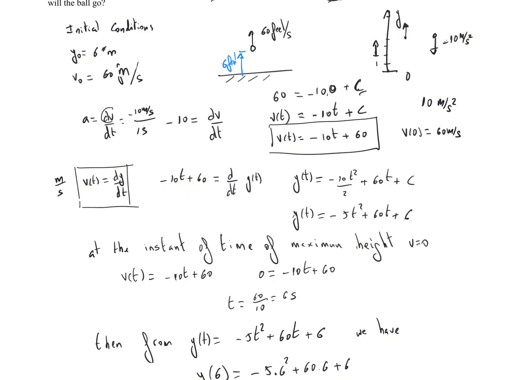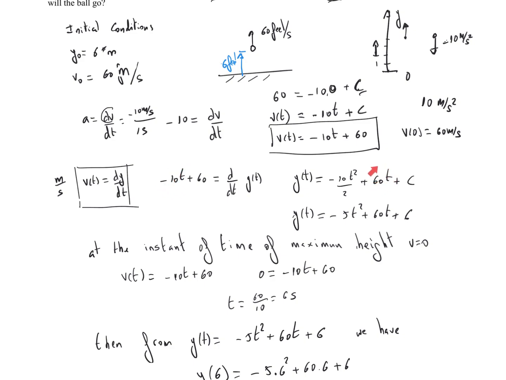V of t is minus 10t plus 60, and we wonder, who is y whose derivative is minus 10t plus 60? So y of t should be minus 10t squared divided by 2. If you differentiate this part, you will obtain minus 10t.